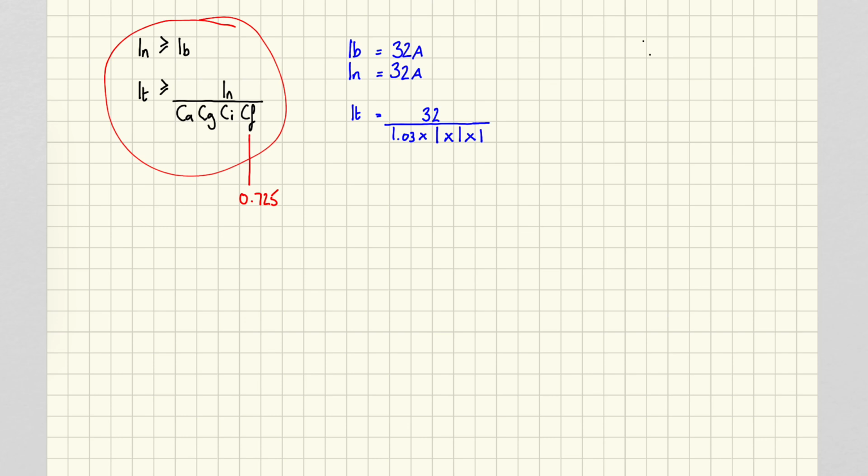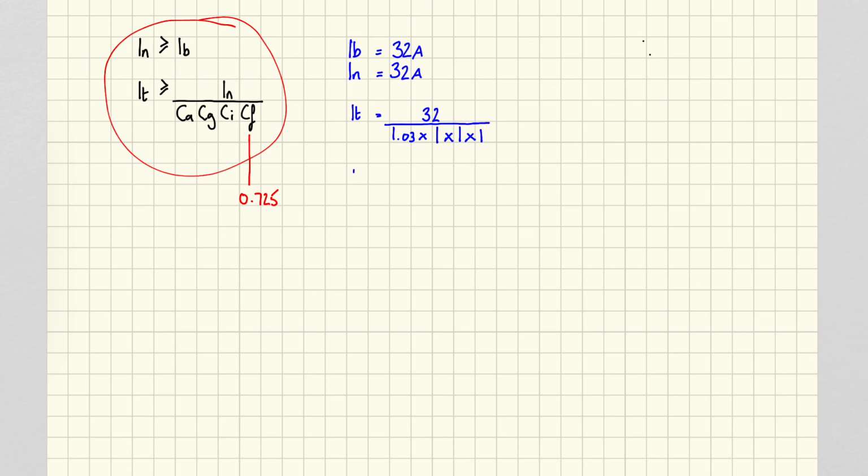So what we've got now is our calculation here. We need to do 1.03 times 1 times 1 times 1 times 1, which means that we're going to end up with just 1.03 on the bottom, and we'll do 32 divided by 1.03, and that will give us our IT value.